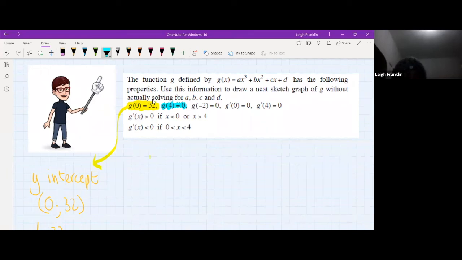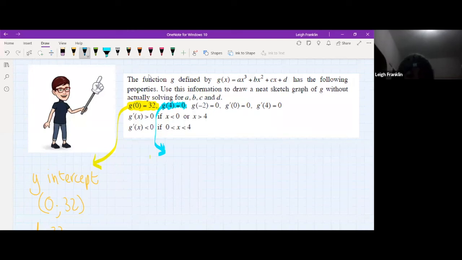Quite right. G of 4 is 0. So Y is 0 when X is 4. That's what this means. I'll say it again. Y is 0 when X is 4.